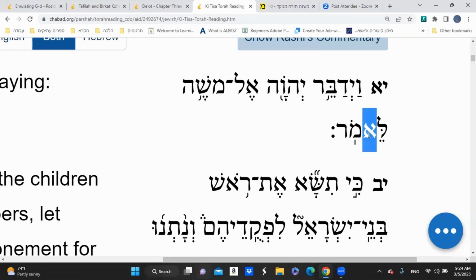And that's the correct sound of Aleph, but that's only when there's a vowel above or below it. If there is no vowel above or below it, you read it as if the Aleph is not there. So instead of le'emor, that would be two syllables and would require a vowel here, but there is none. So it's read lemor, as if the Aleph is not there.